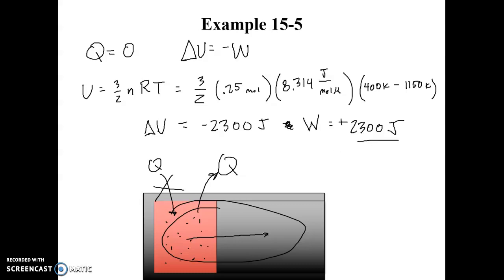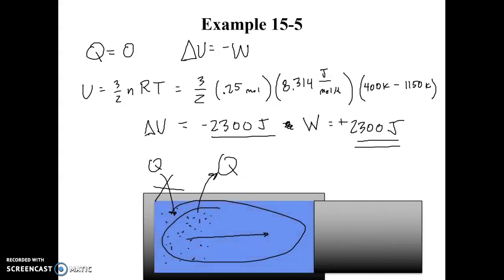So how much work can we do with this much energy? 2300 joules. When we had this hot compressed gas, we had 2,300 joules worth of energy stored up in this system, and then we used it to do 2,300 joules worth of work. And let's see that animation one more time.